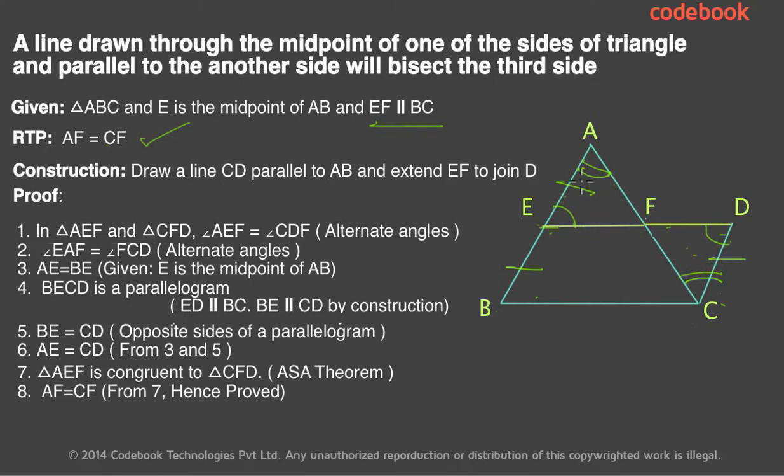Hence we can say these two triangles are congruent to each other, which means that AF should be equal to CF because they are corresponding sides of the two congruent triangles. Hence we have proven our statement, AF equal to CF, which means that EF is bisecting AC. So basically we have proven that a line segment drawn through the midpoint of one side of a triangle and parallel to the other side will bisect the third side.